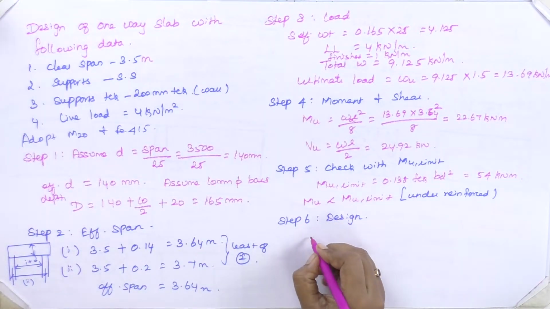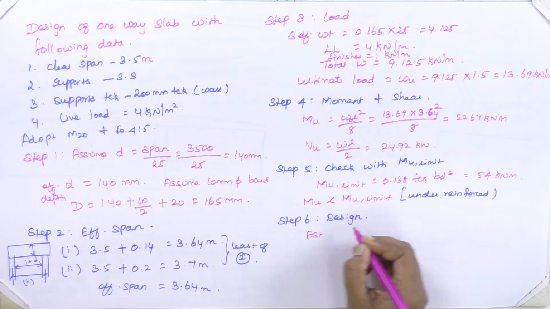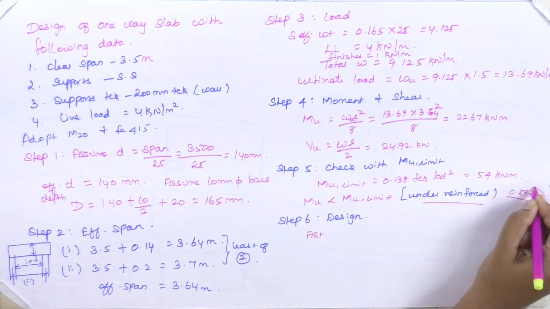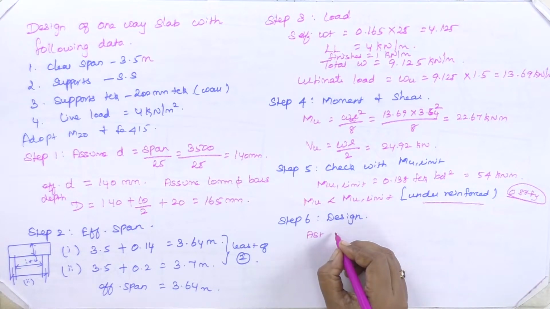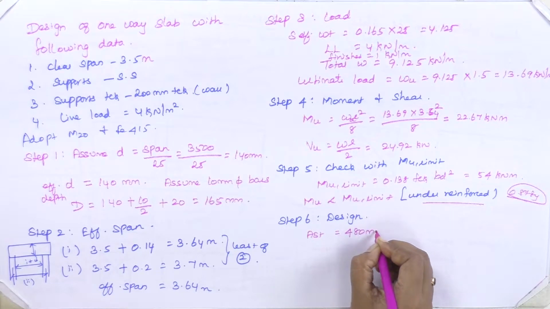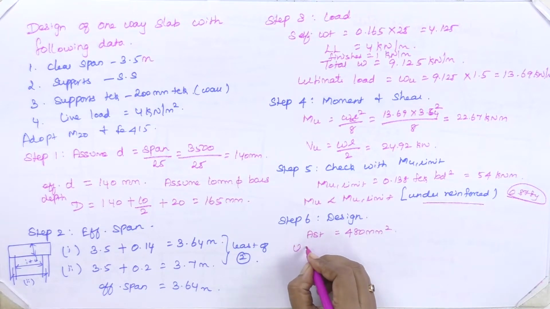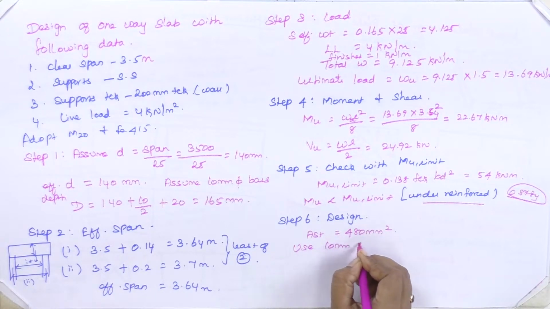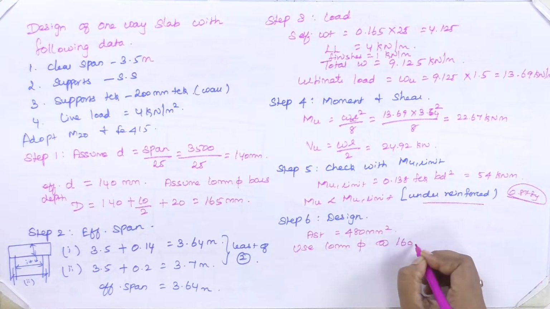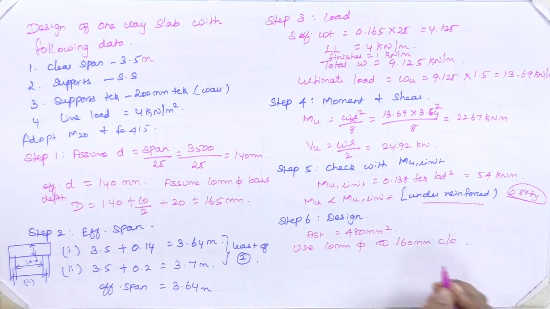Since it is under reinforced, I'll go with the 0.87 fy formula to calculate my Ast. So Ast is equal to 480 mm square. So use 10 mm dia at 160 mm center to center.